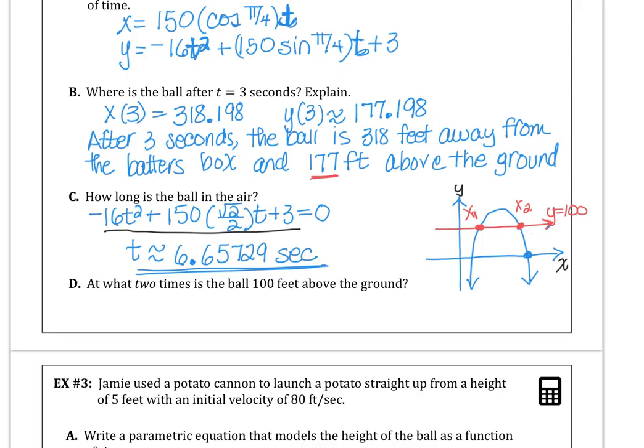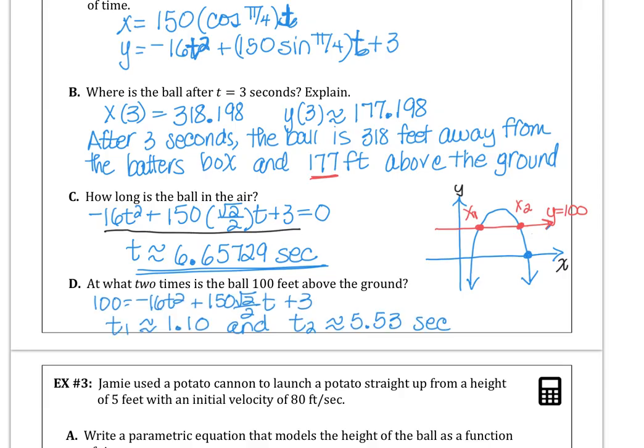So if you use the intersection feature, or if you use the graph solver feature, you can do 150 square root of 2 over 2 t plus 3. The first time, t sub 1, is about 1.10 seconds. And the second time is about 5.53 seconds. So 2 different times that ball is 100 feet above the ground.